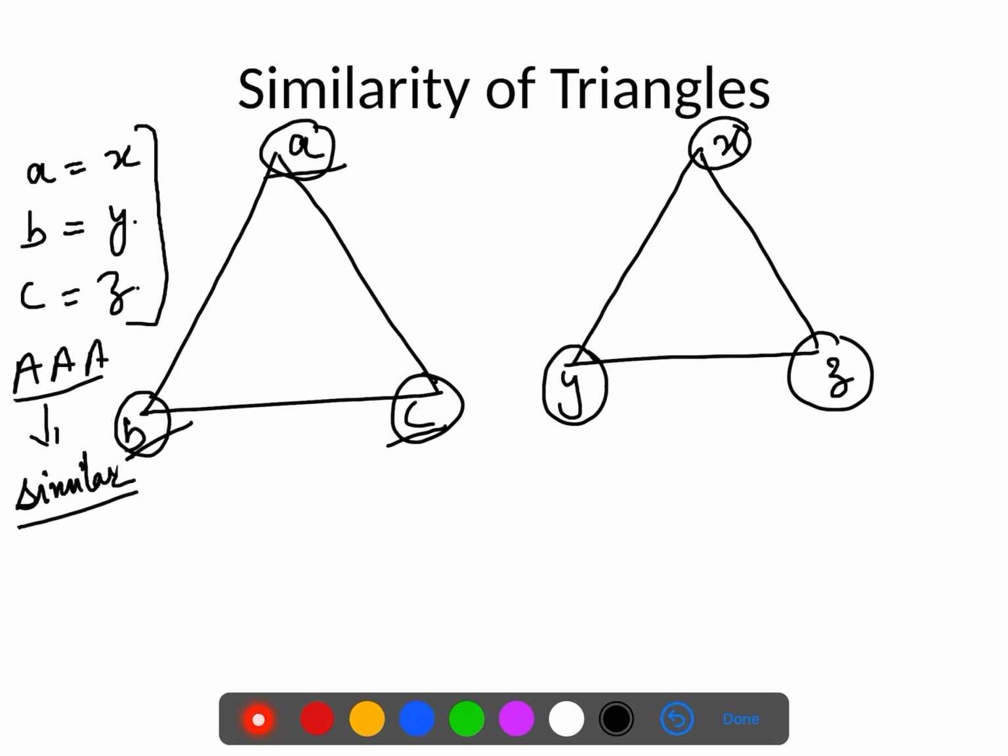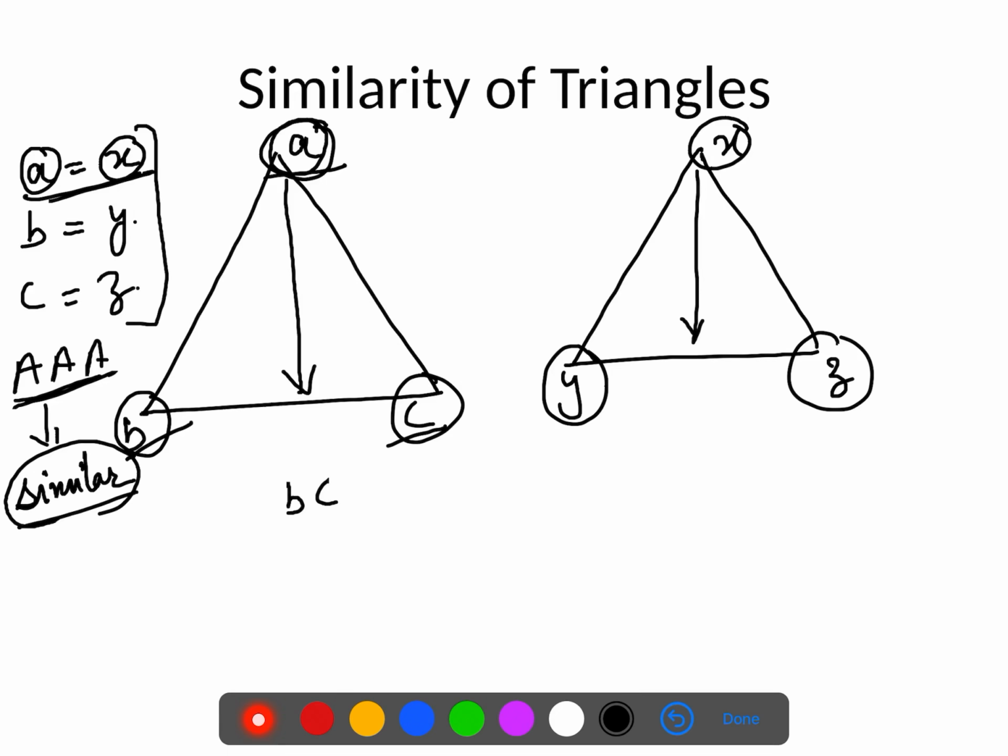That's what it means. So most of the questions will be proving triangles similar by this AAA, and then we'll be using ratio of sides to calculate some of the sides. For example, angle A is equal to X. That is given to me, let's say. So side opposite to A is BC, side opposite to X is YZ.